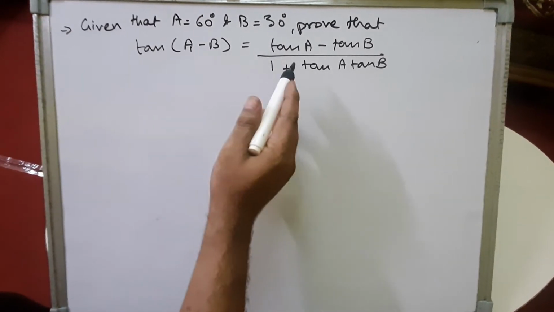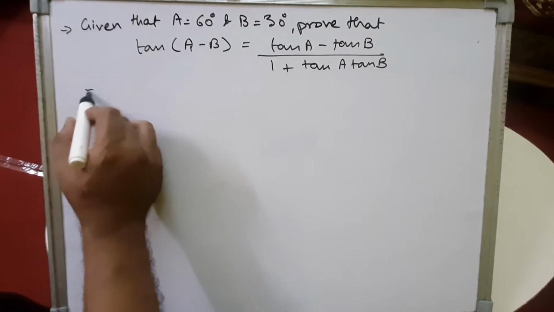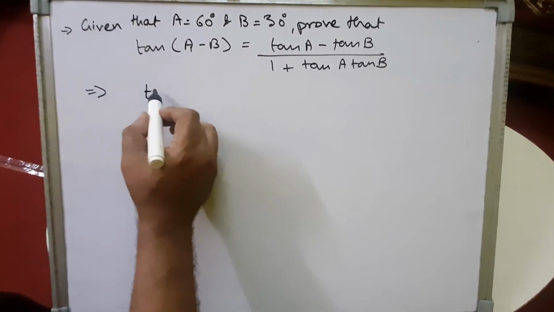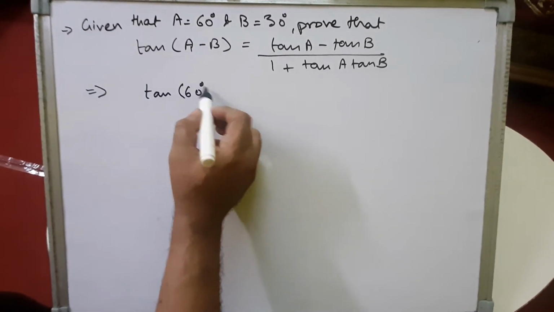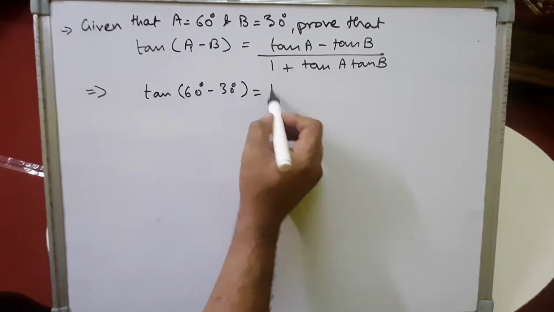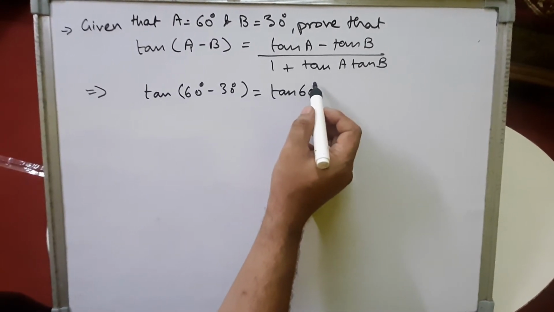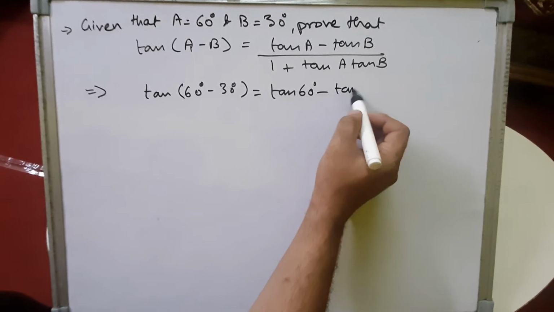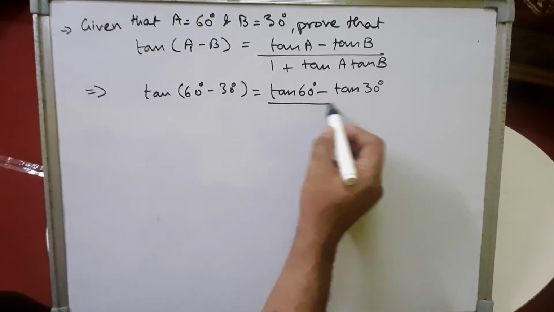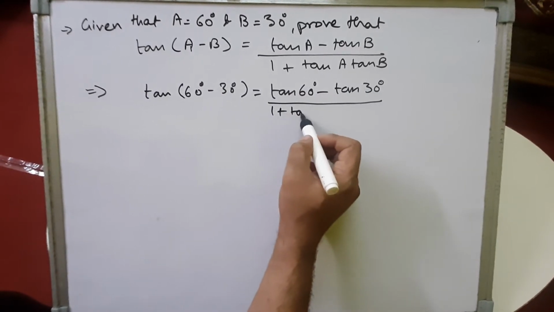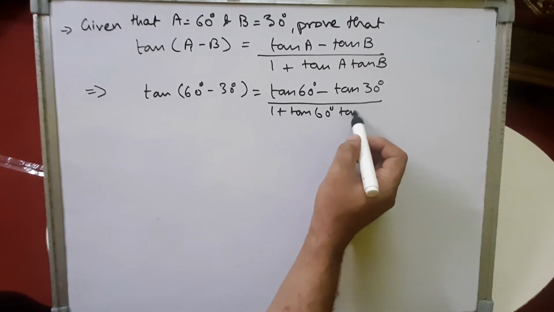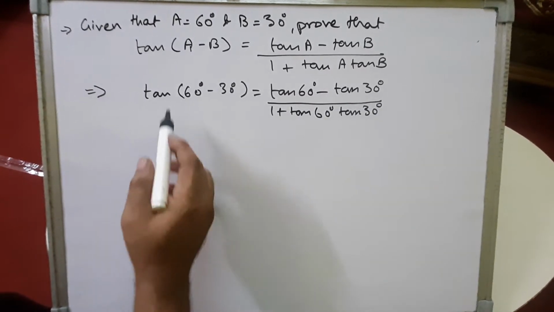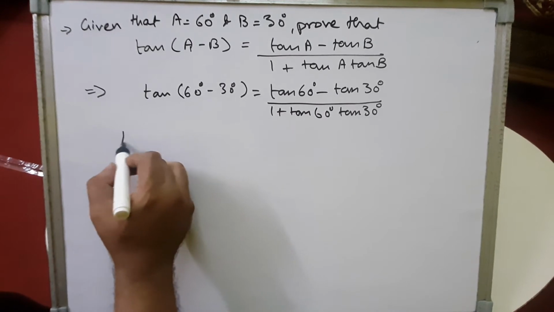When we substitute the values of A and B in the given expression, what will we get? Tan(60 degree minus 30 degree) equals (tan 60 degree minus tan 30 degree) upon (1 plus tan 60 degree tan 30 degree). Tan(60 minus 30) is tan 30 degree.